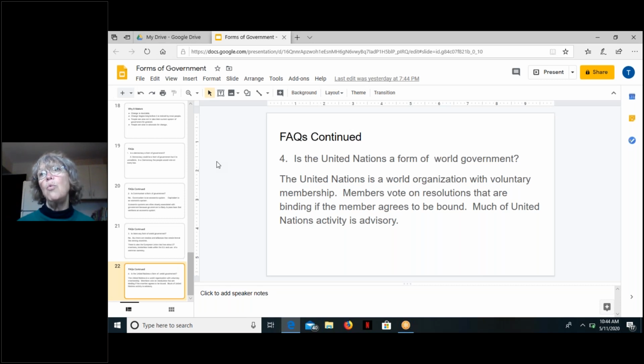So much of the work we hear coming out of the United Nations is advisory and not binding on the entire world. But it's an important component of the alliances that countries enjoy among themselves, and a form of dispute resolution too, I might add. So I think that's all.